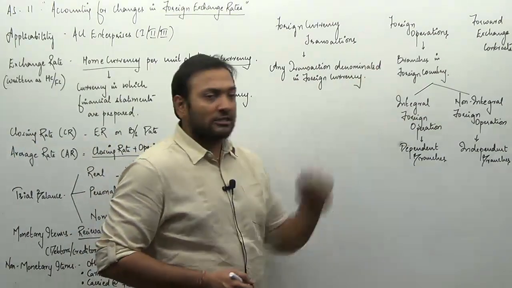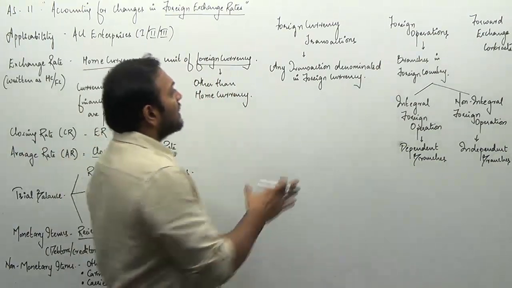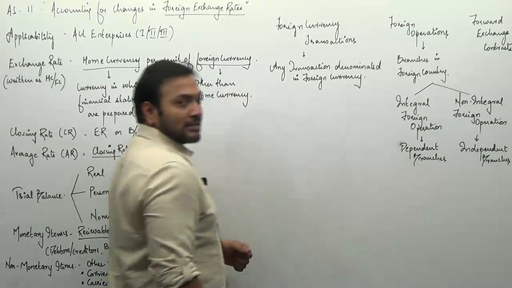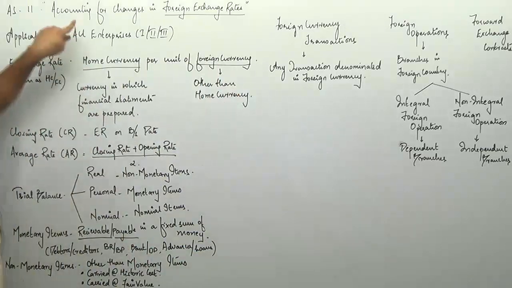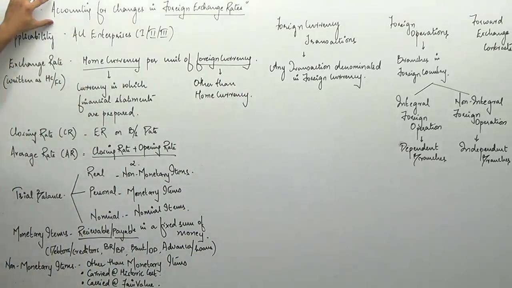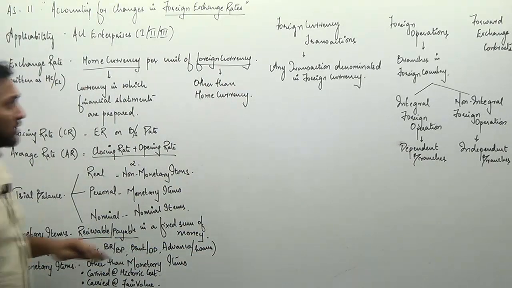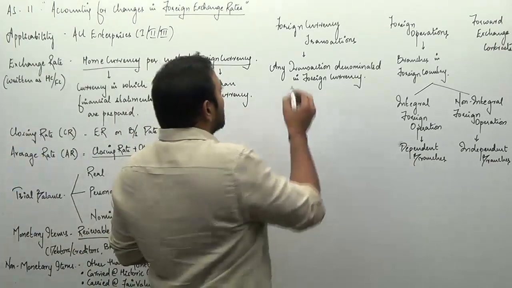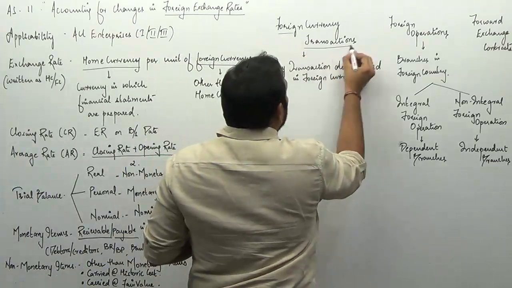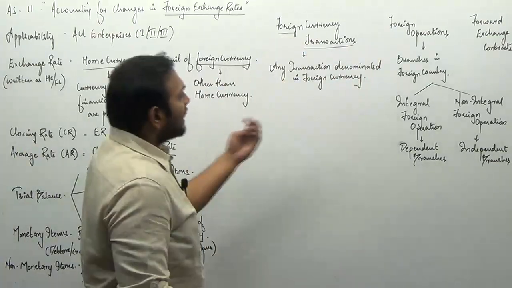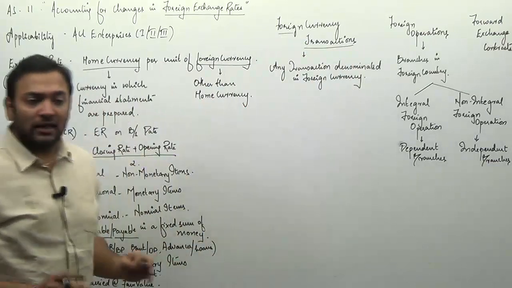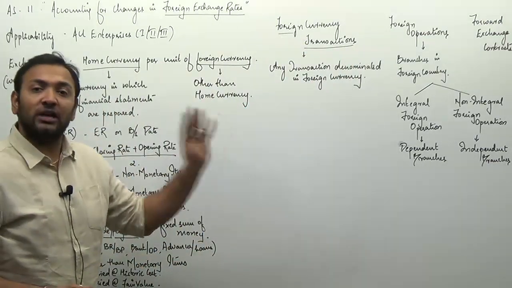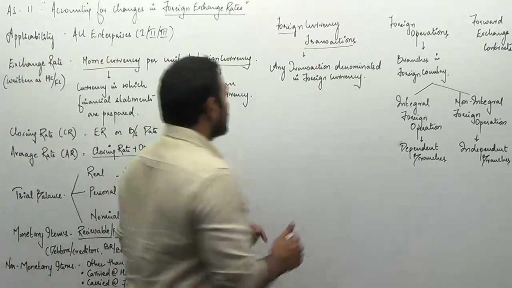We'll discuss forward exchange contracts later on. Let's come to foreign currency transactions and see how we account for them, because the standard is talking about accounting for changes in foreign exchange rates. Such a foreign currency transaction is denominated in foreign currency. Let's take a smaller example: we have purchased some machinery in dollars.